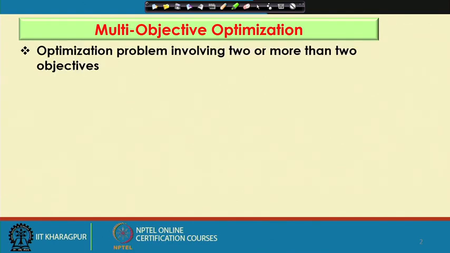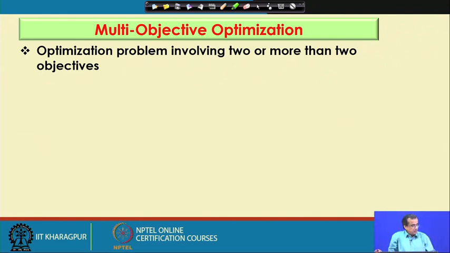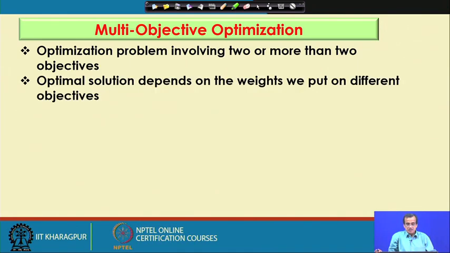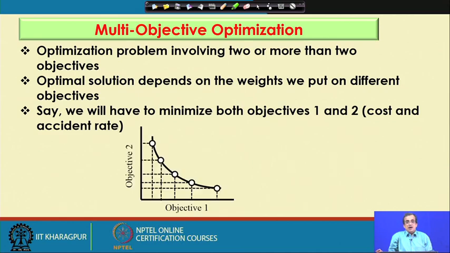So, multi-objective optimization problems are problems involving two or more than two objectives. Now, let me take one example. Supposing that Mr. X is going to purchase a car.